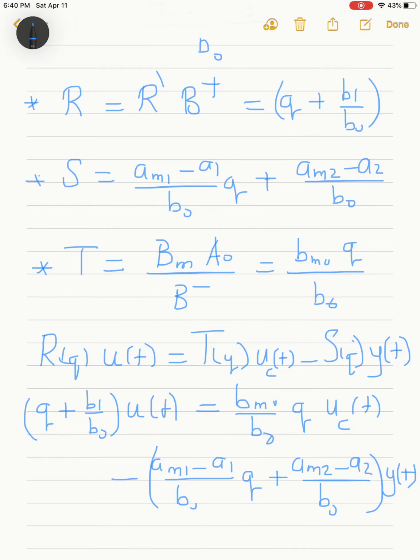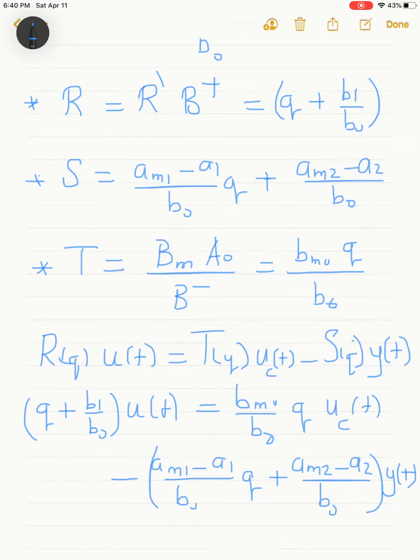Now in order to get an expression for u of t, I will just multiply both sides of the equation by q to the minus 1.